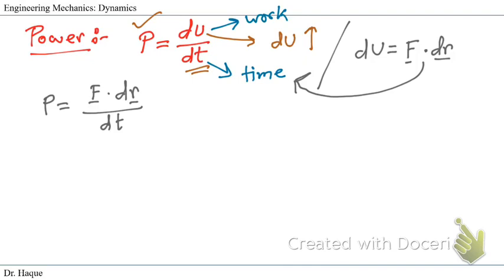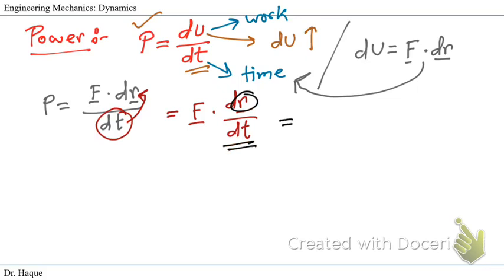Since dt is a scalar, I'm going to take it with dr and keep the force on the other side of the dot product. Since r is displacement, if we take the derivative with respect to time, it becomes velocity. So we can write power as a dot product between force and velocity v.